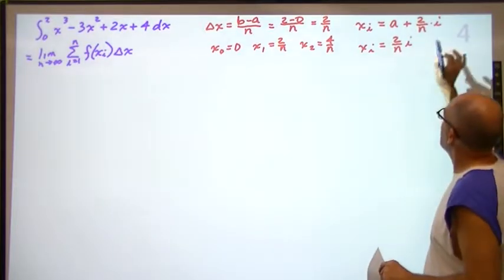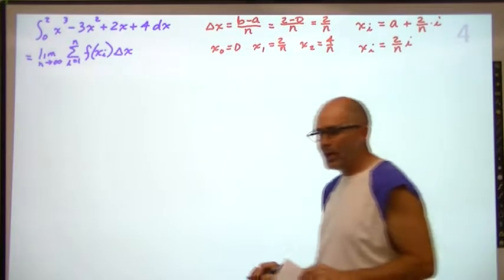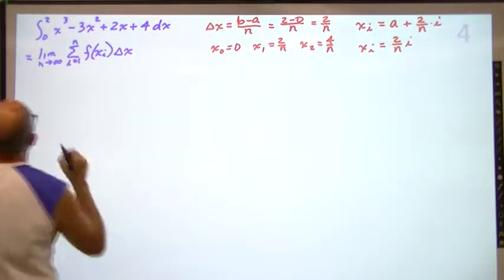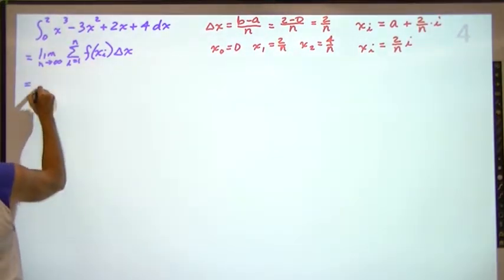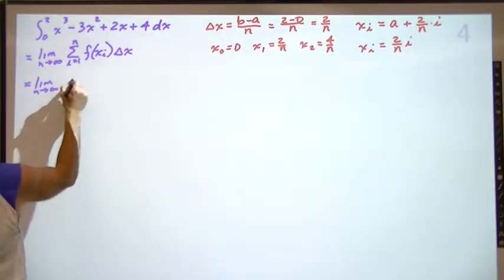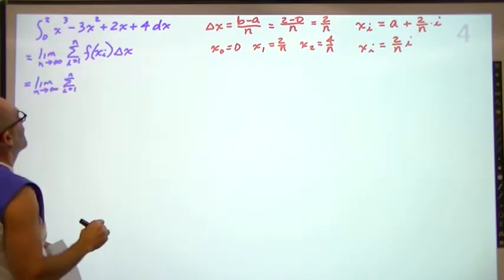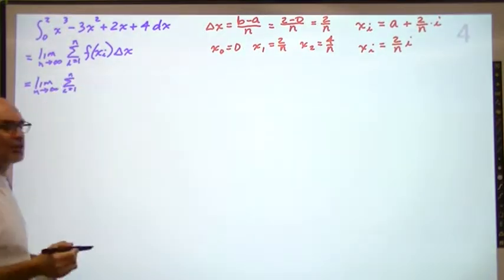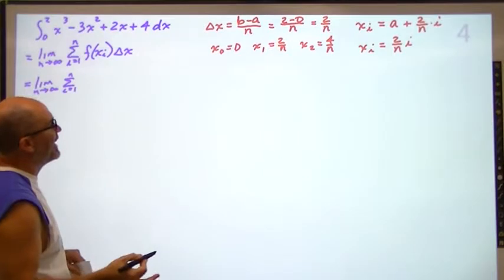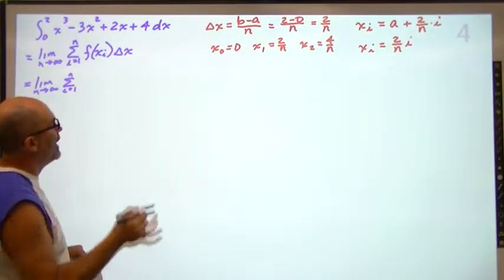We now have the parts that we need to evaluate our Riemann sums. So this is going to equal the limit, as n approaches infinity, of the summation from i equals 1 to n of f of x sub i delta x. Now we have delta x set, so let's just put the delta x in there now.